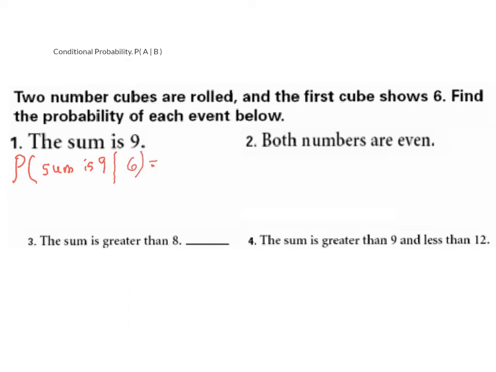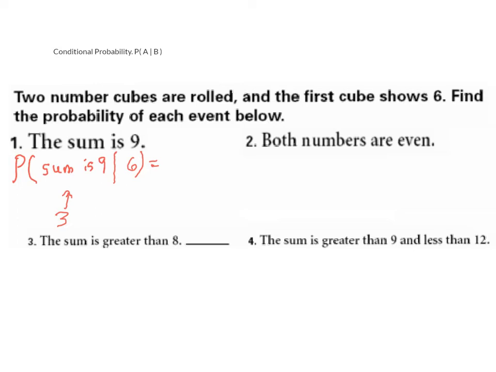So if we already know we have a 6, we have to think about all of the possibilities of what this number cube can be. If we have 6 already and we roll the number cube, the only way to get 9 by adding them would be to have 3 on the number cube. So this has to be a 3, and we think of what probability it would be to roll a 3 on a number cube.